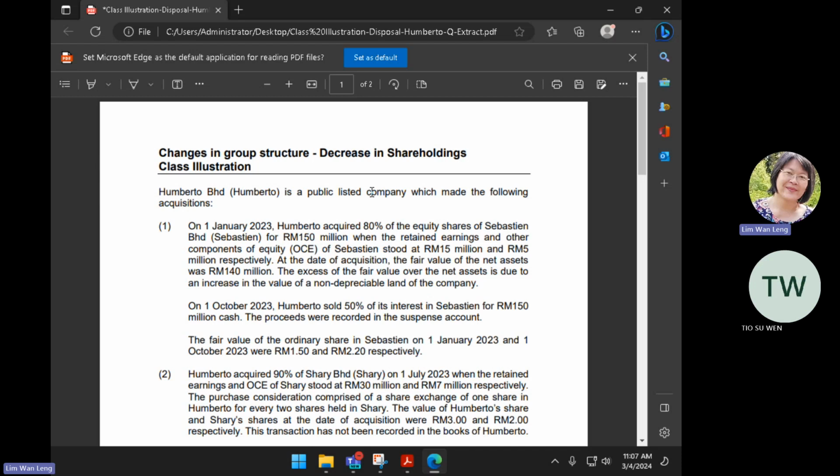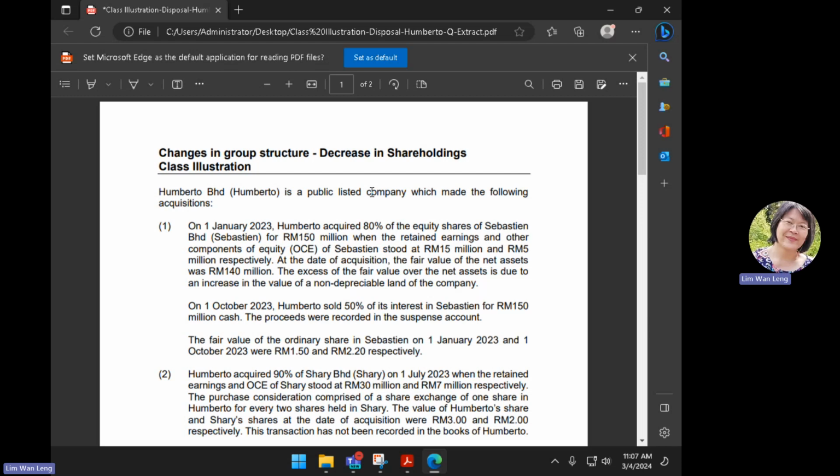So this is a scenario on decreases in shareholding. This particular question, I've already put it on Teams, so you can go and see the question there. Wow, some of you are so fast, printed already? From where? This morning, I was thinking I wanted to print out the question, or maybe the pro forma of the answers.